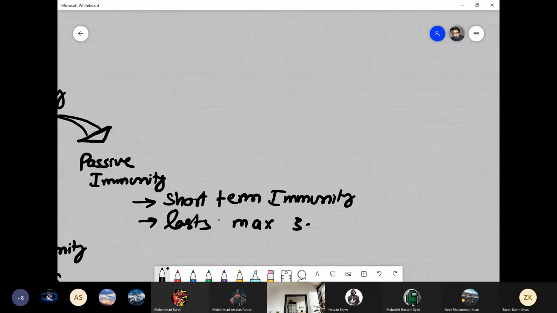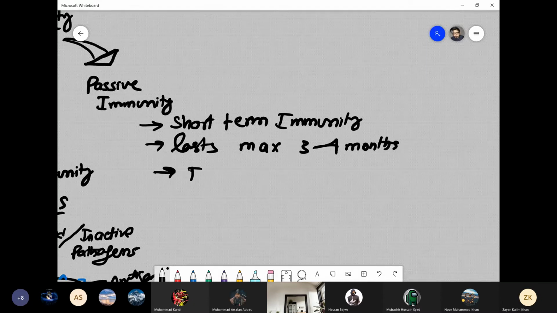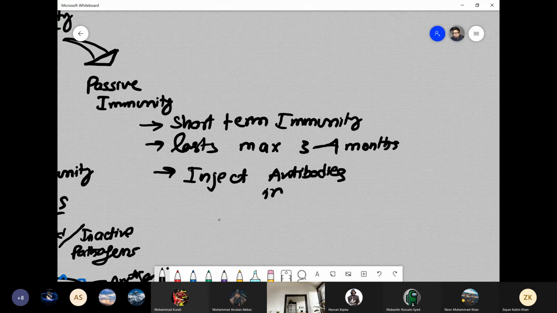Now, what is actually passive immunity? In this, they inject antibodies into a person. These antibodies are made in some other organism.